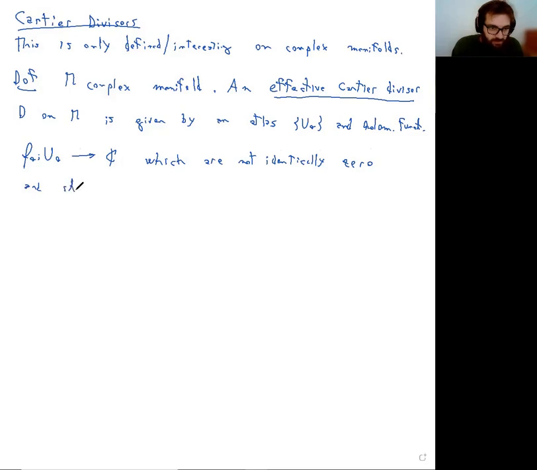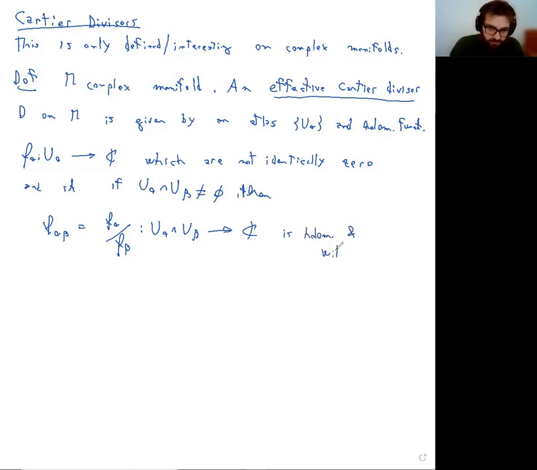And such that if the intersection between two of these open sets is non-empty, then the map f alpha beta, which we define as f alpha divided by f beta, as a map from U alpha intersected U beta into C, is also holomorphic and without zeros.